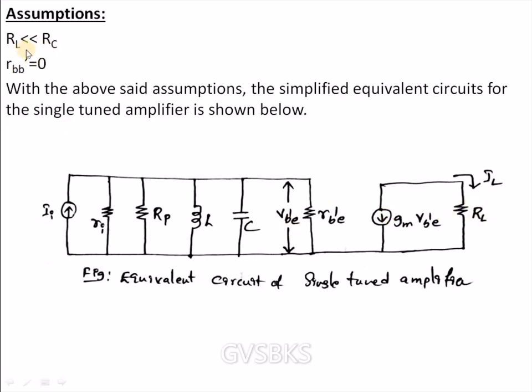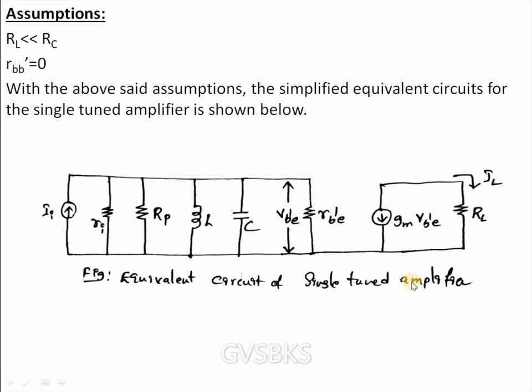Here, as we assumed, RL is very much less than RC, hence we can neglect the RC value because RC and RL are in parallel combination. That's why the equivalent resistance will be the smallest value, and that's why we have neglected the RC value here.